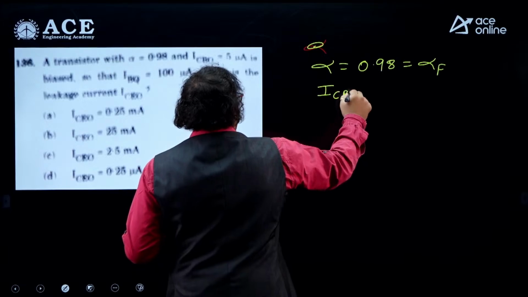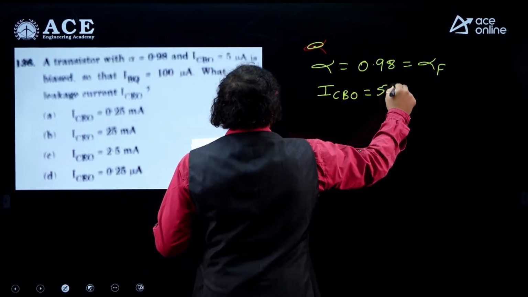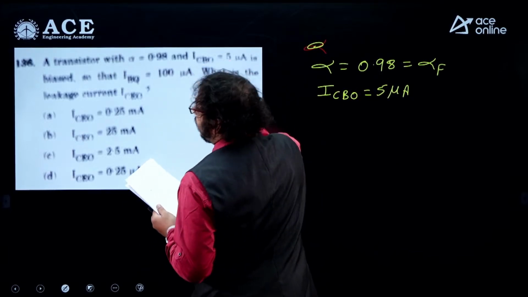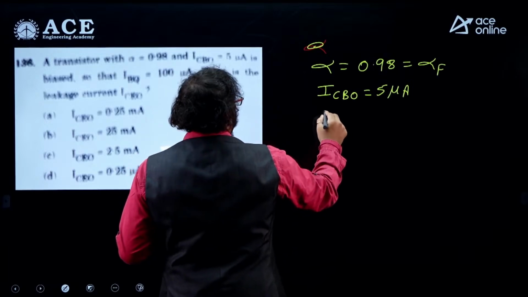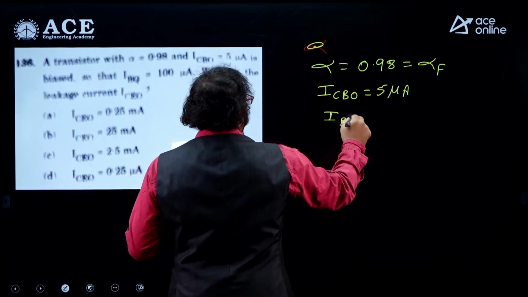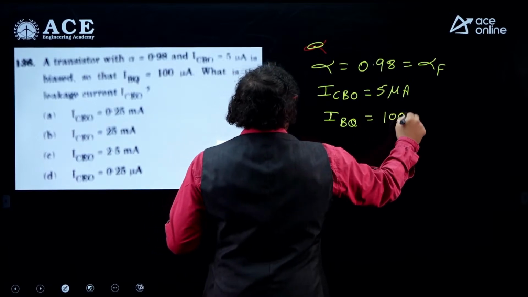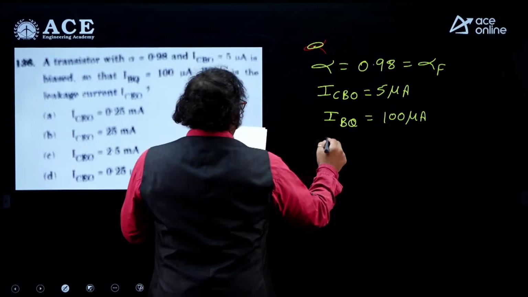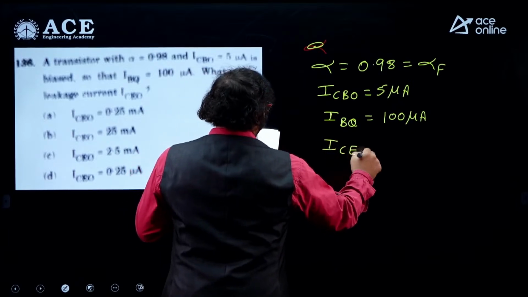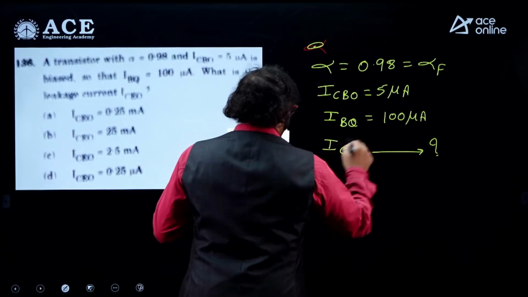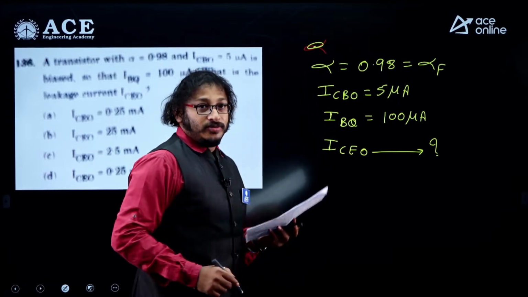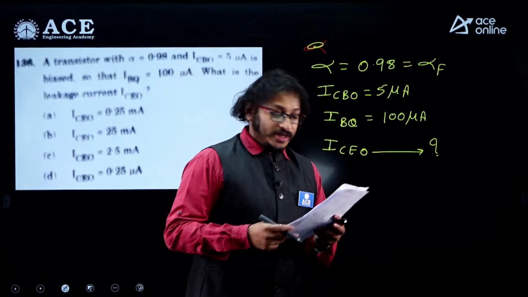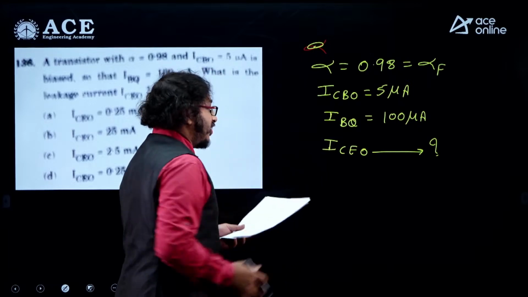So ICBO is around 5 microampere, okay? And IBQ, that is the quiescent point of the base current, IBQ is around 100 microampere, okay? Now the examiner is asking to find the value of ICEO. I think students who gave up this exam, you please check it out. I think this must be correct for the given data, okay? So anyways, they're asking to find the value of ICEO.